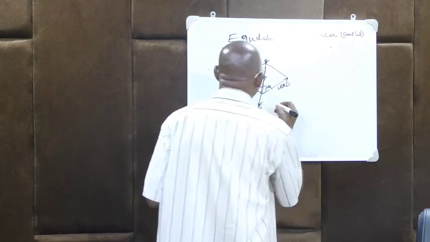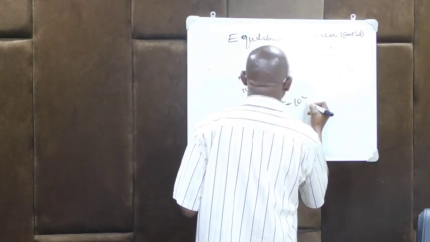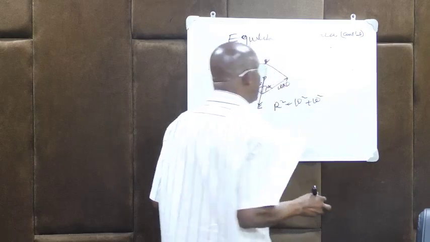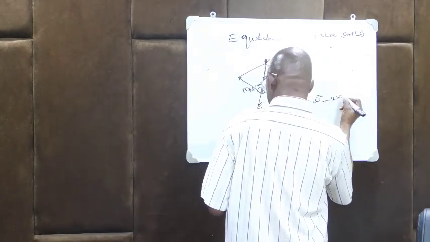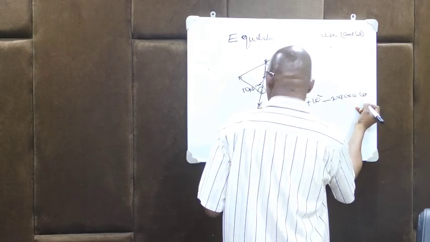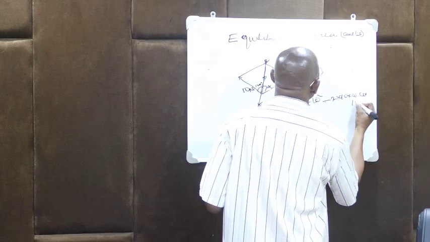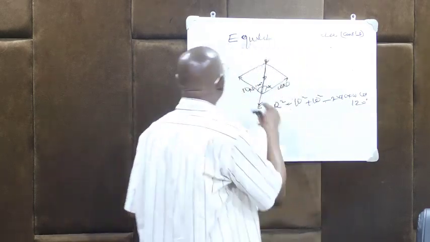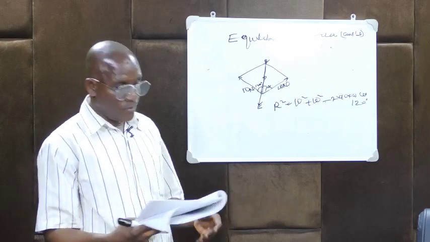Applying the cosine rule, we have R squared equals 10 squared plus another 10 squared, that is the two sides, minus 2ab, minus 2 times 10 times 10 cos of the angle between the resultant and one of the 10 Newton forces.